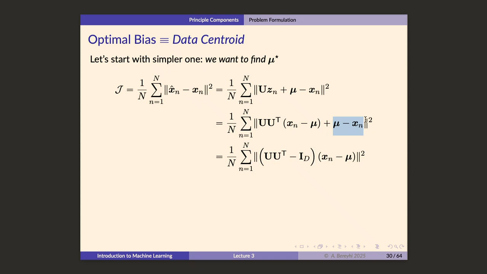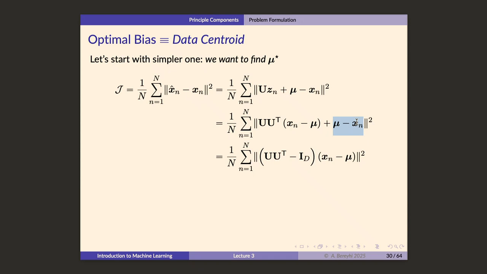If you look at the board, I'm just looking at this line too. This distortion J is 1 over N, summation, and I'm computing the norm. Here is U transpose, and then I have xn minus mu, then plus mu minus xn.